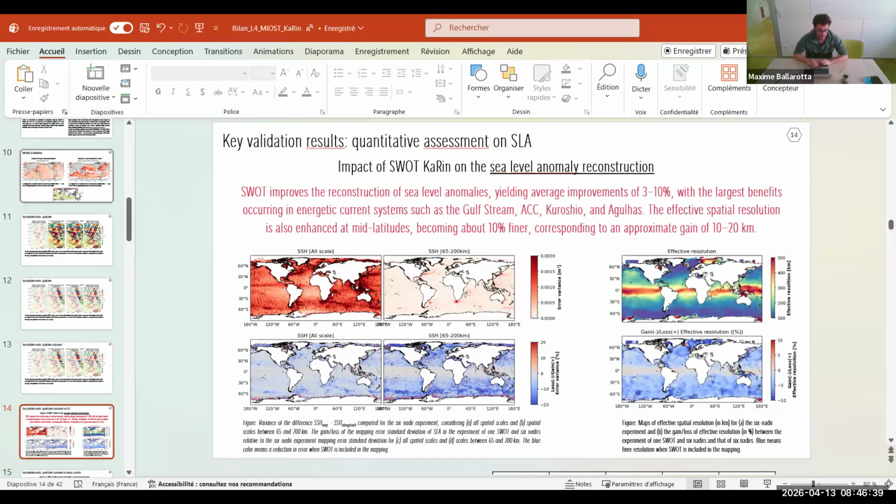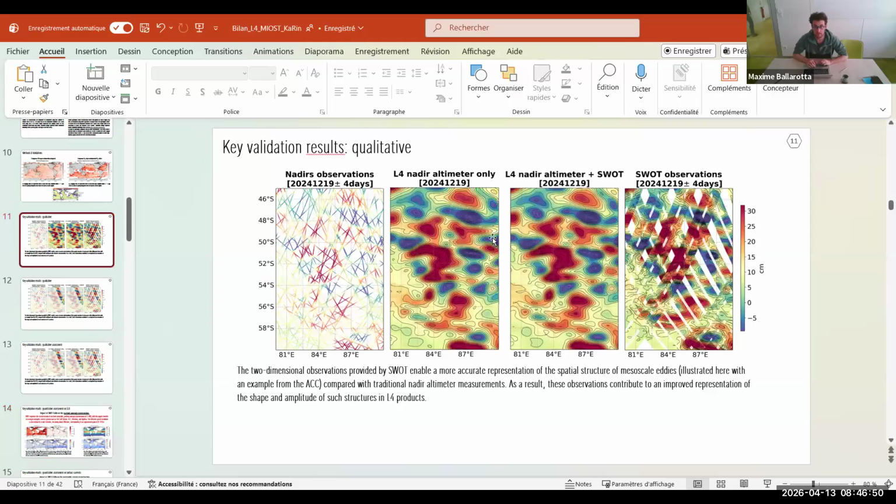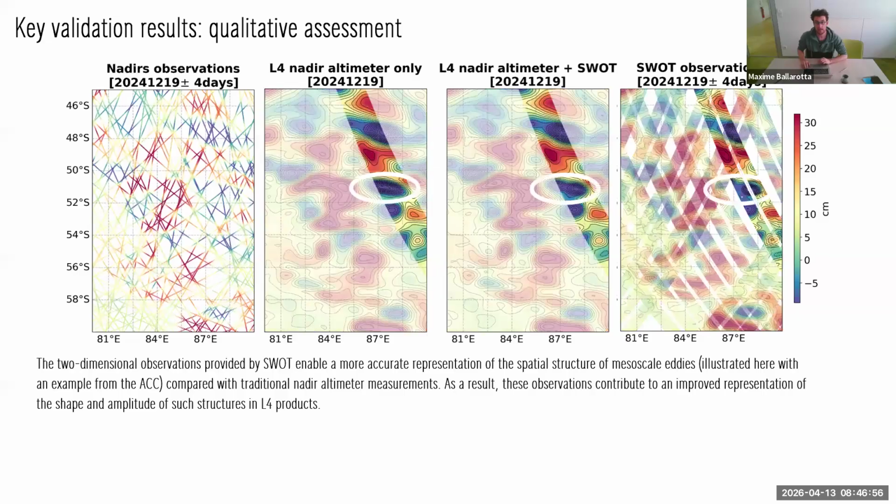Compared to what you can see from the level 3 SWOT product, it is smooth. So in that sense, but the fact of using SWOT data in the level 4 product still qualitatively helps to better constrain the map and better define the structure of the topography.